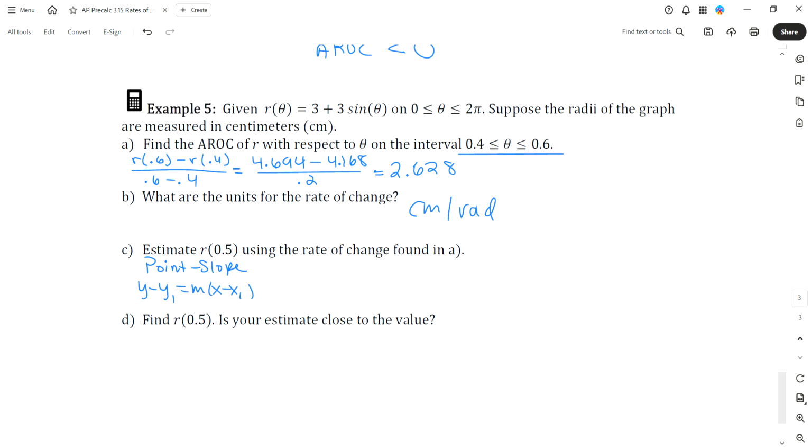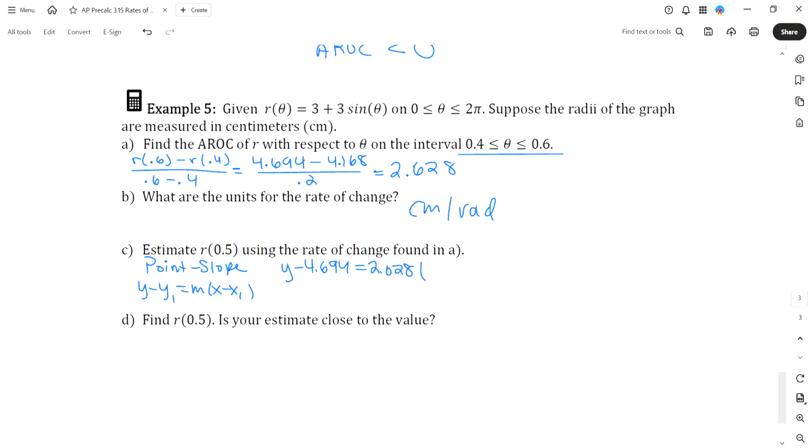Except in this case, my x's are theta, my y's are r. It does not matter which of the points we're going to use. I'm just going to use 0.6 as my point. So I'm going to do y minus 4.694 equals my slope from part A, 2.628 times.